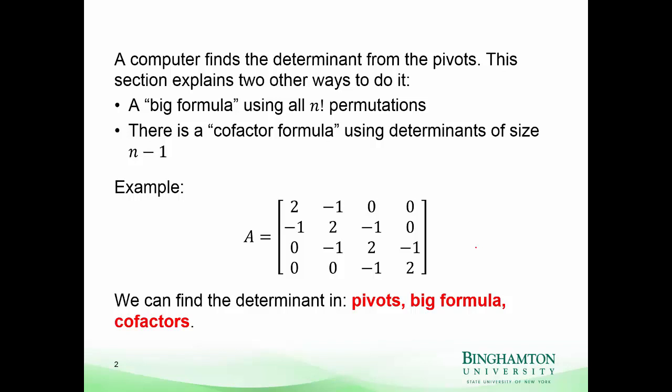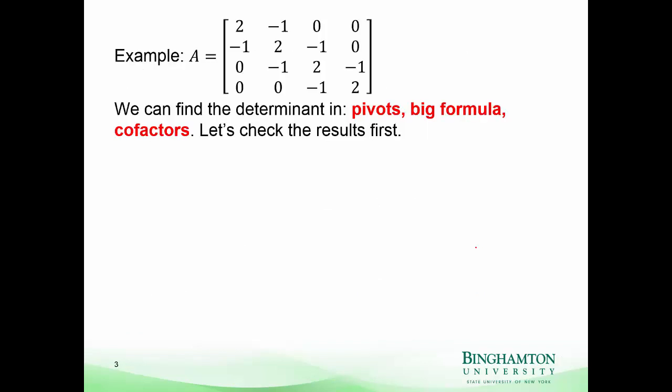We can apply this so-called big formula, or we could use cofactors. Continuing on with this, not really as an example, but more just illustrating where we're heading, because we don't know the big formula and we don't know how to use cofactors.